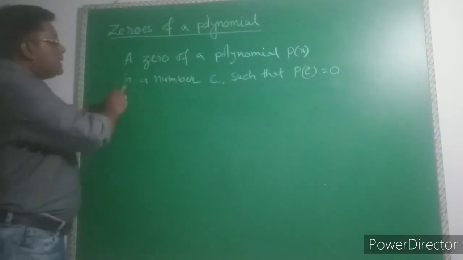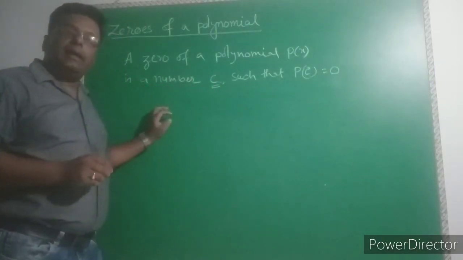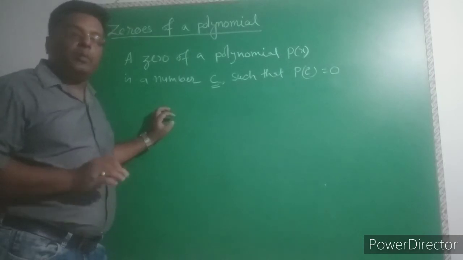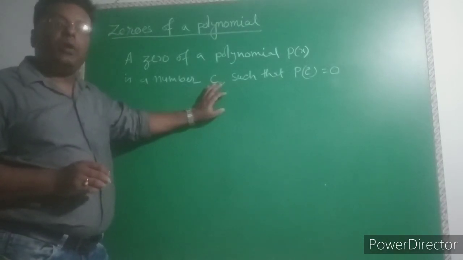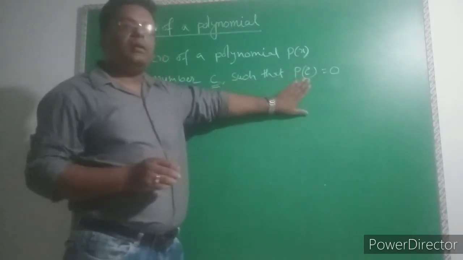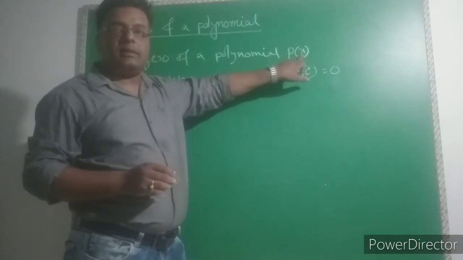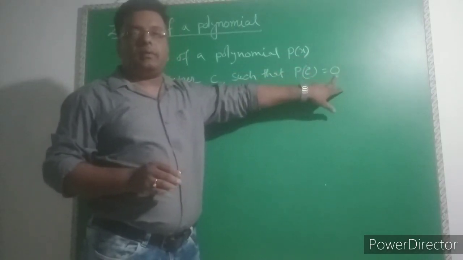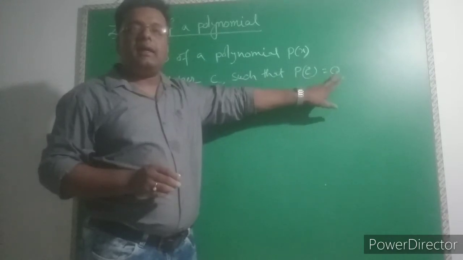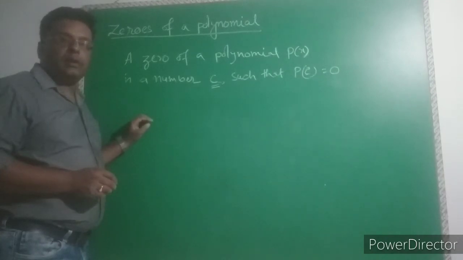A zero of a polynomial p(x) is any real number c such that p(c) equals 0. That means, if we put c in place of x, then this polynomial becomes 0. This is the definition of a zero of a polynomial.